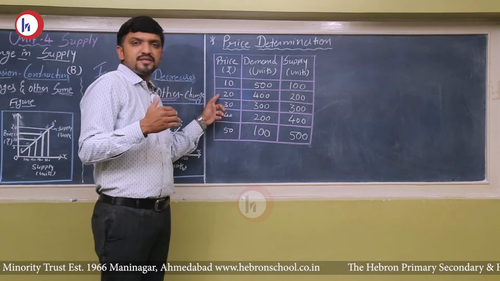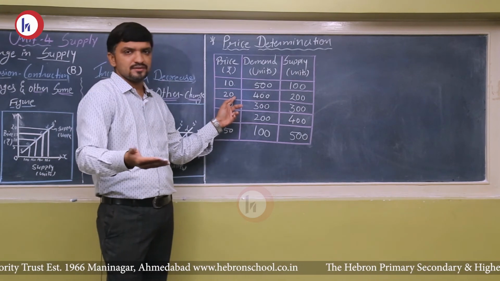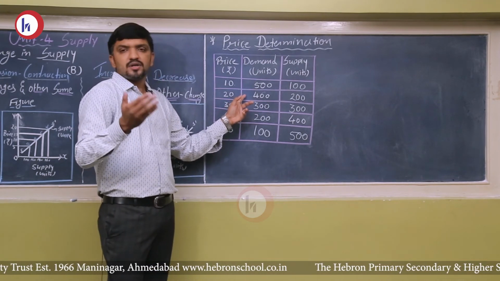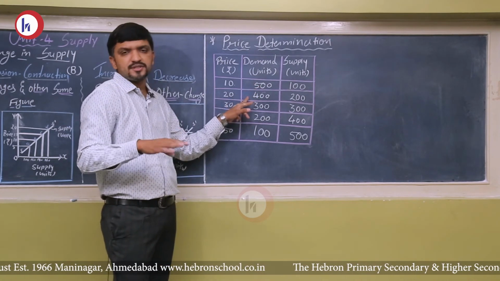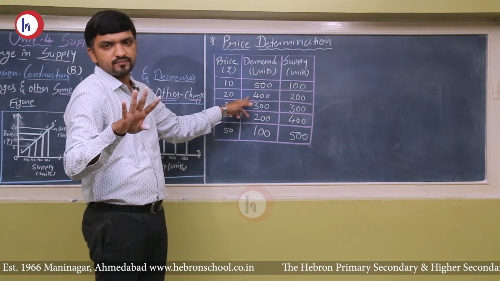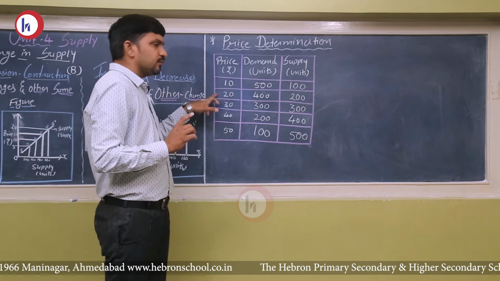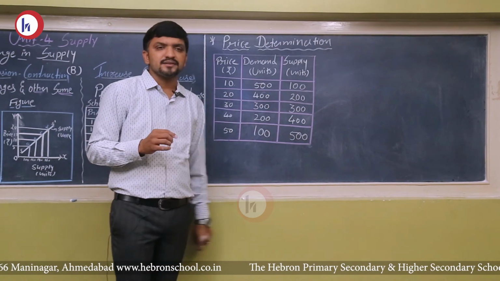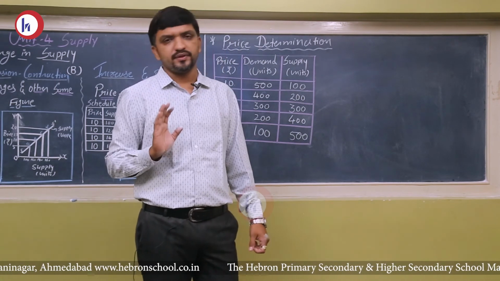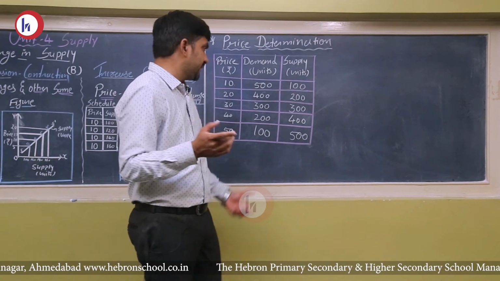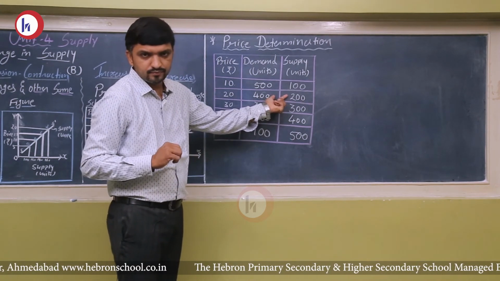At point B, the price of the commodity is 20, that is, price rises. So the customer has reduced his demand from 500 units to 400 units. And as price increases from 10 to 20, the supplier is ready to supply 200 units in place of 100 units. So again, demand and supply do not match.